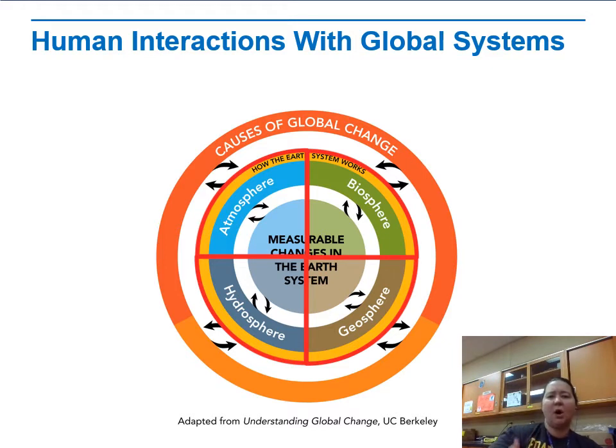So we are participating in every single one of these spheres on one hand just by being an organism, being a species, being a population on the planet, but then also by doing the things that we do that are different than if you were to compare us to our closest genetic living relative, the chimpanzee. Obviously, the chimpanzee is not paving roads, so there are things we do that are similar to the chimps, but then there are things we do that are different than the chimps.